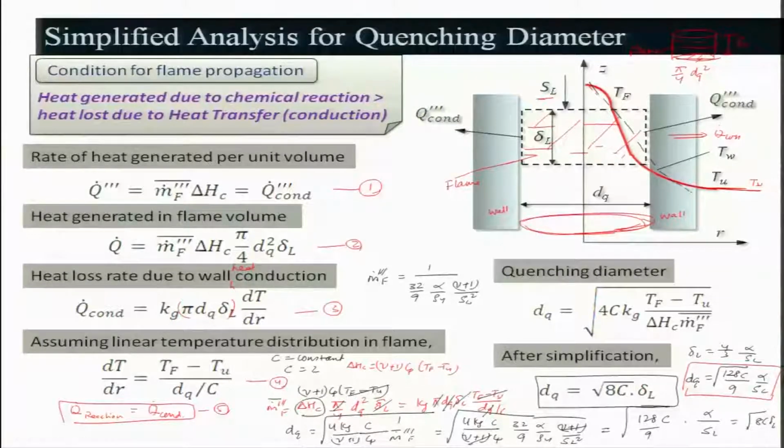So, as I told, the quenching diameter is basically proportional to the flame thickness. That means, if the flame thickness is higher, then what will happen? dq will be higher. If it is smaller, then the quenching diameter will be smaller.